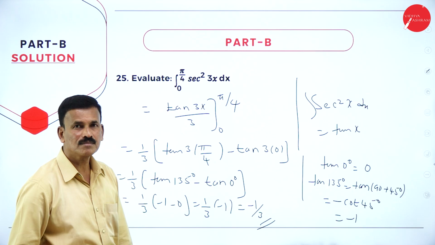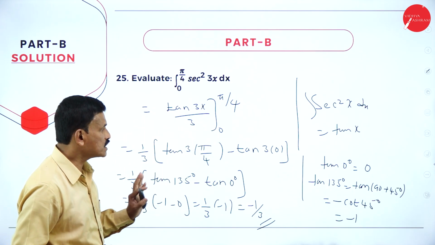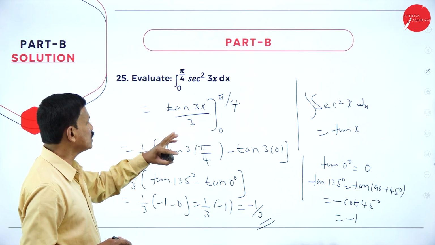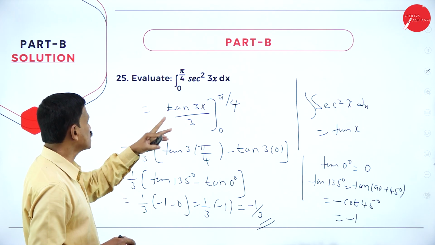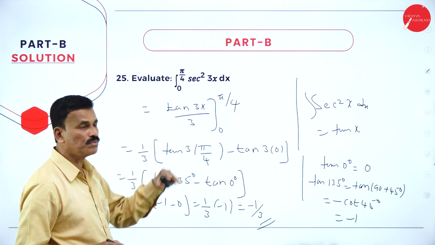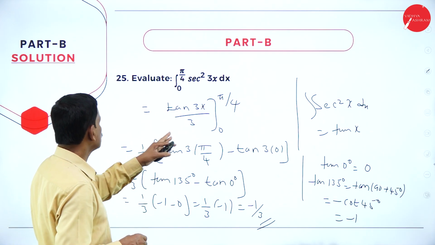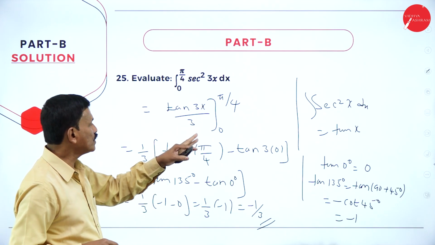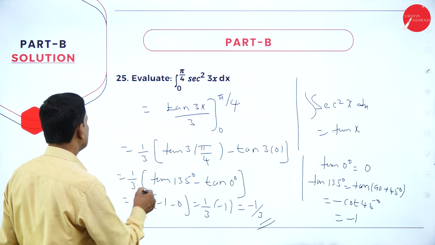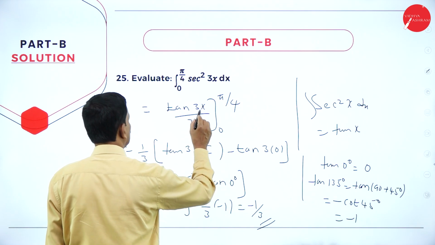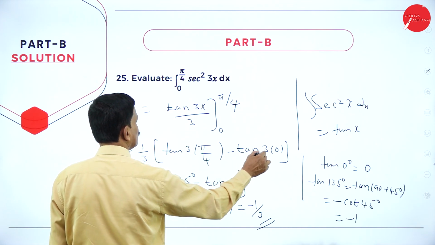That's it. Okay. So integral of secant square x is tan x. Here it is secant square 3x. So integral of secant square 3x is tan 3x by 3 between limit 0 to pi by 4. Now just substitute the values of lower and upper limit. What is the limit? 0 to pi by 4. 1 by 3 out, apply the upper limit. Tan of 3 times pi by 4 minus tan of 3 times 0.